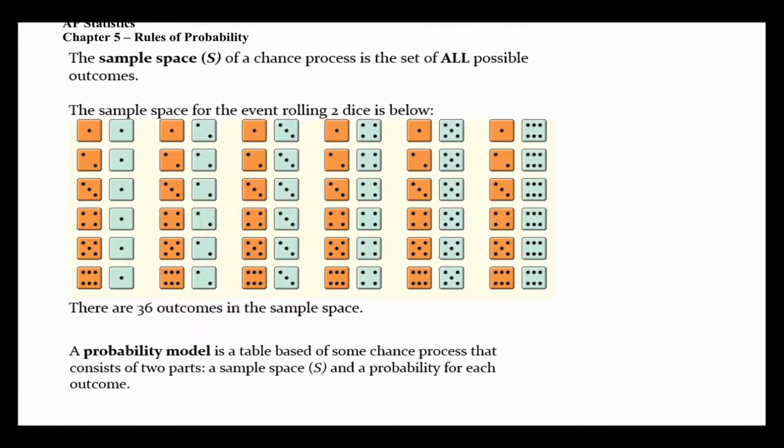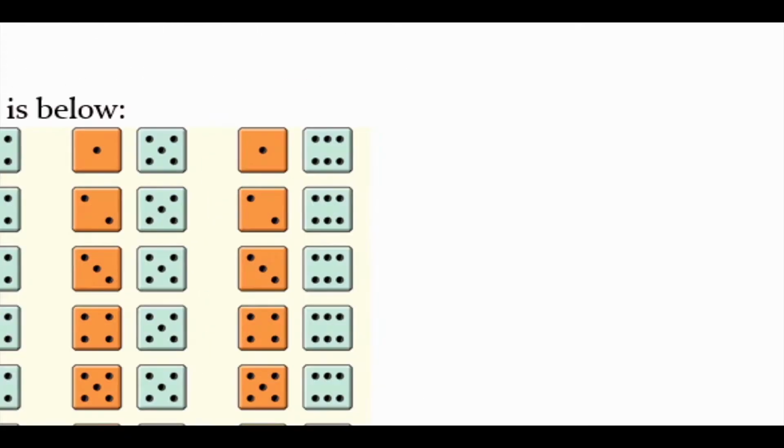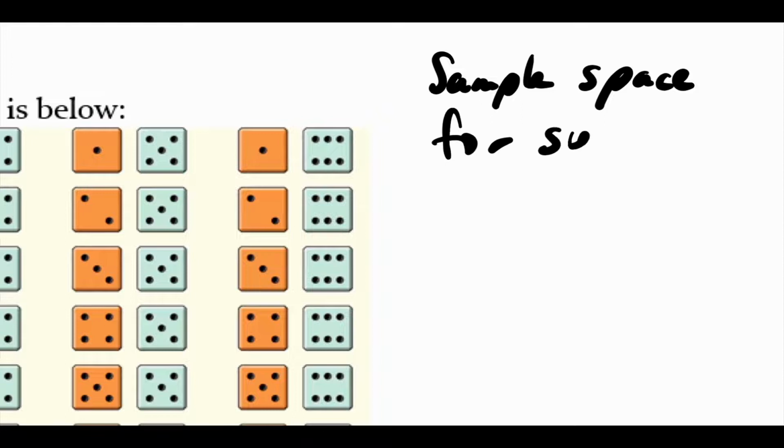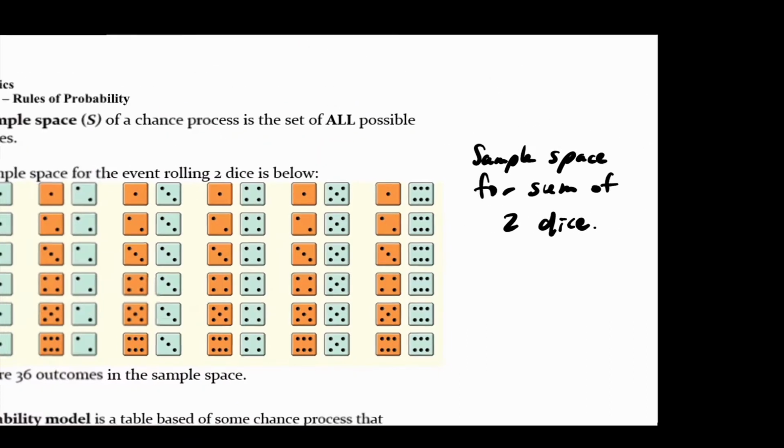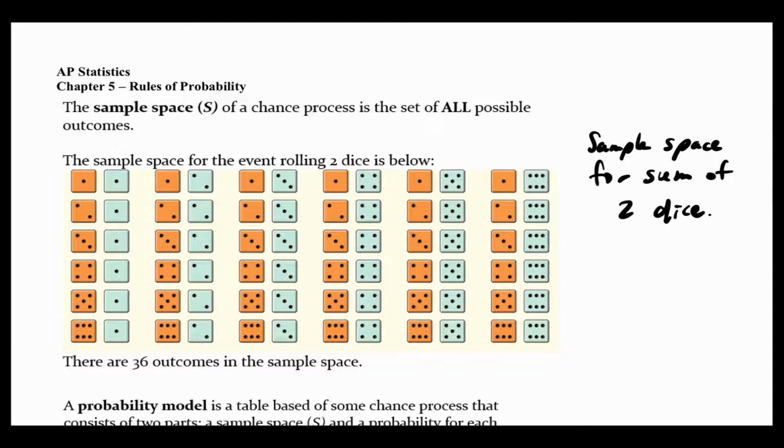So if they said this, what is the sample space for the sum of 2 dice? Can't even read that.